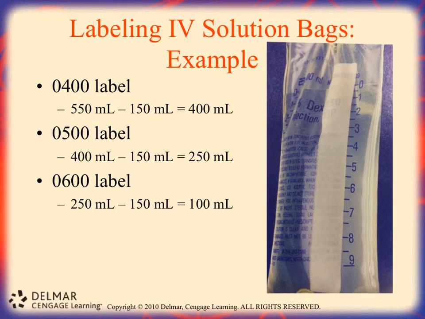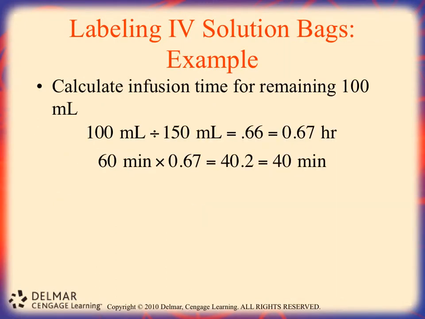If we go back to the previous slide, and we were here at 0600, then we know that it would be 900 milliliters, and this would have been marked at 0600, and we'd have 100 milliliters left. Let's go to the next slide. And so we'd want to calculate the infusion time for the remaining 100 milliliters.